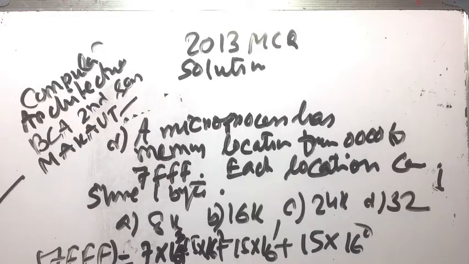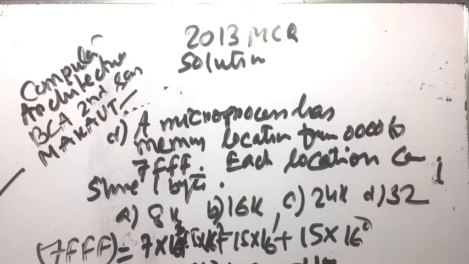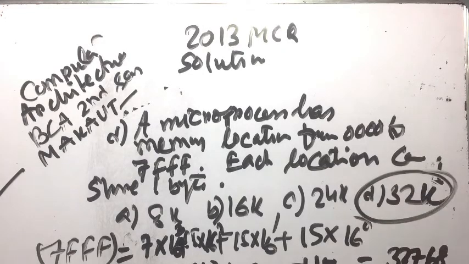This gives 15, then 240, then 16 into 16 into 15 is 3840, then 16 into 16 into 16 multiplied with 7 gives 28672. Adding 28672 plus 3840 plus 240 plus 15, we get 32,768. That is equal to 32K. Answer is D.